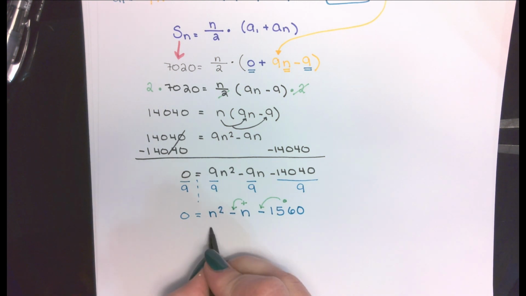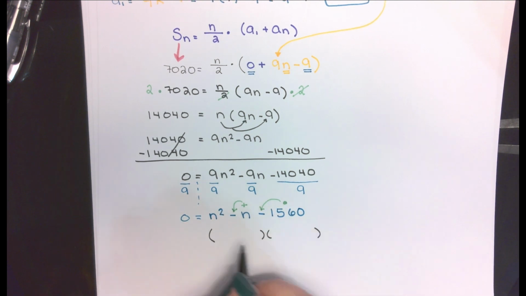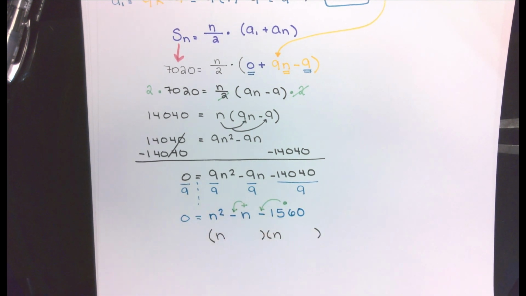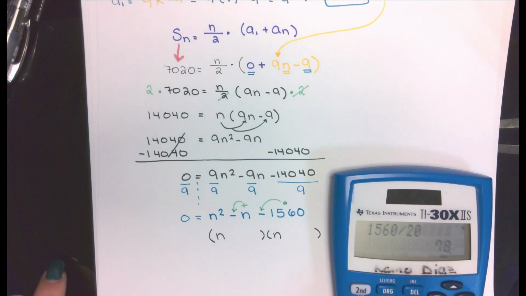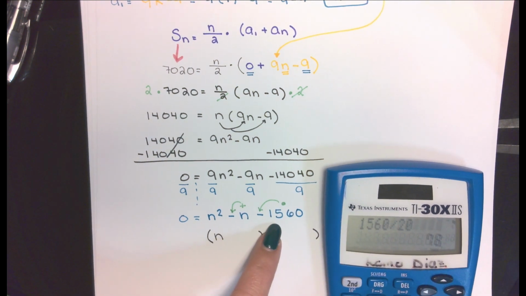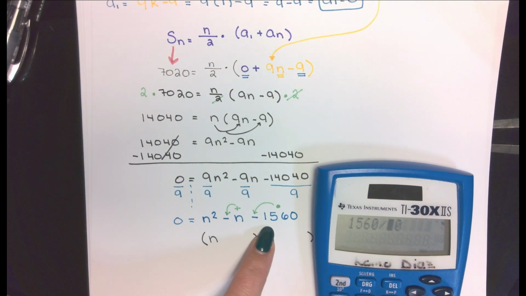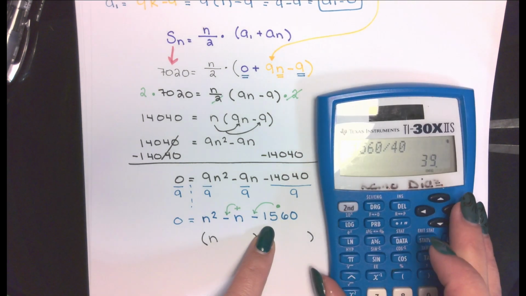So I'm going to set up my 2 parentheses and an n, and again we want this. So I'm going to divide and see 1,560 divided by 20. That doesn't give us a whole number, and I know it has to be numbers that are close to each other, so that doesn't work. I'm doing 20, I'm doing 40, and 40 and 39 do end up working.